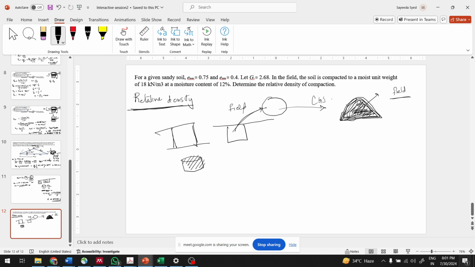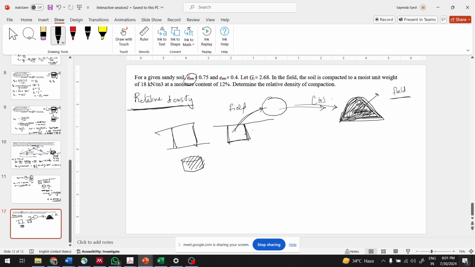Once I've taken this out and given it to you, you can tell me the characteristics of this sand, but unless you know the density of this sand in the field, you will not know how the soil will perform. Now, if I tell you the density of this soil, say density or void ratio, these are interrelated for dry soils.